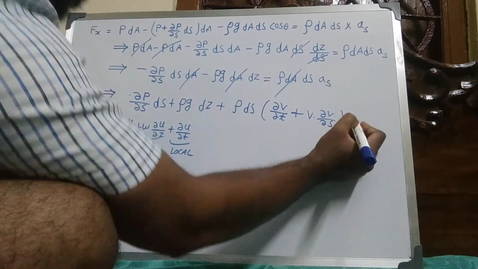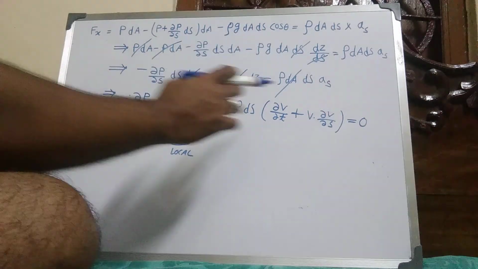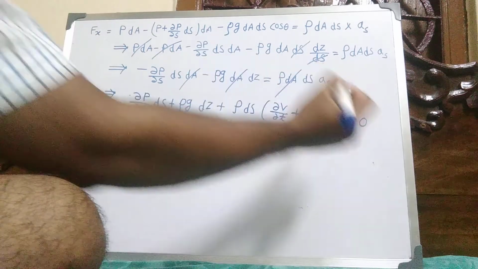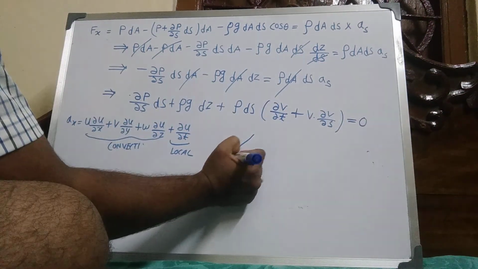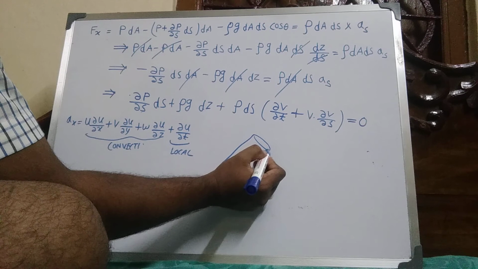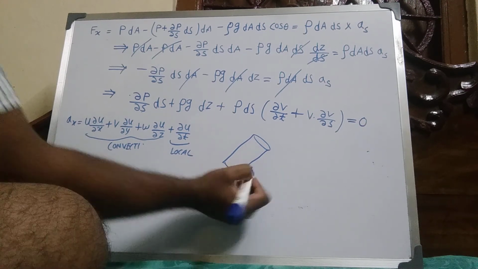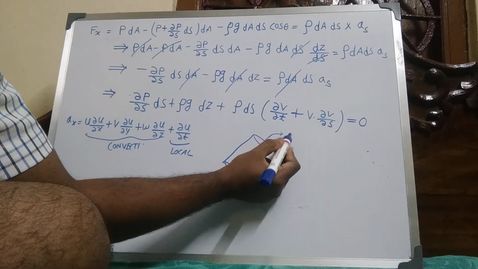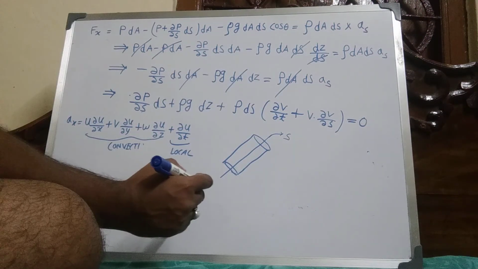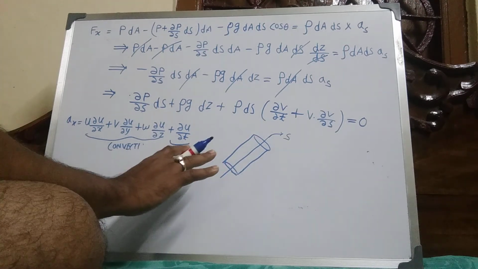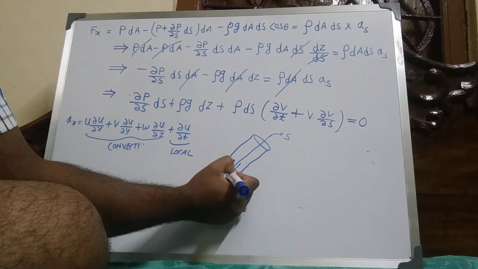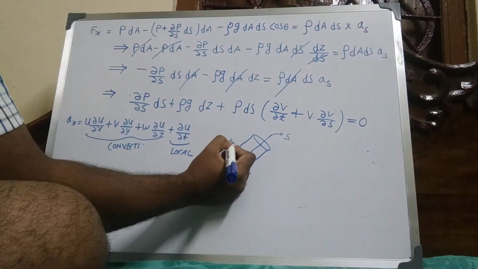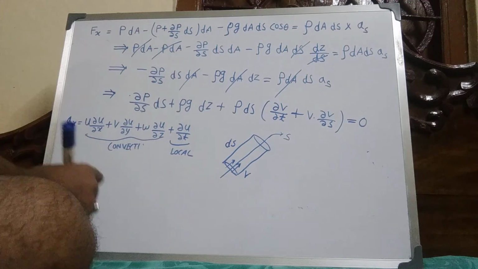I put here v into dv by ds. Suppose this is a cylindrical element of fluid, and this is the streamline direction s. In the s direction, the velocity is v, and this is the length of the element ds.